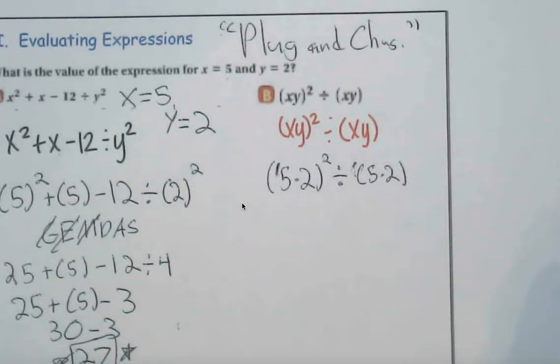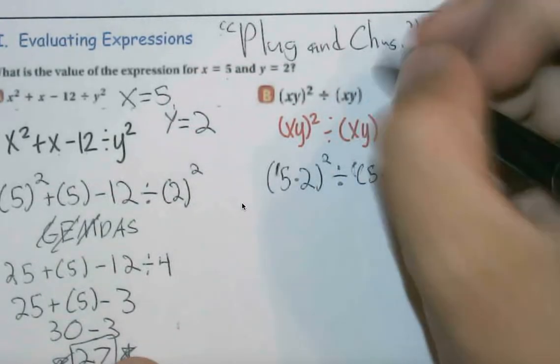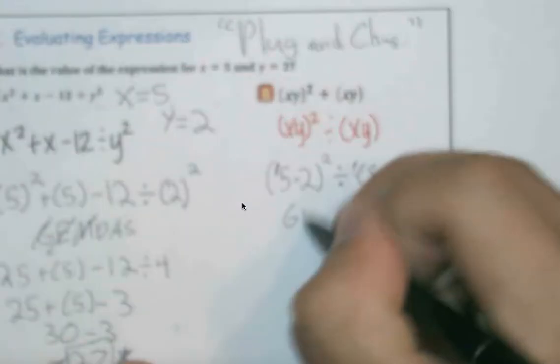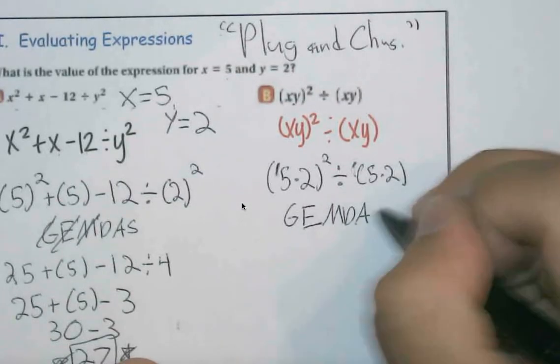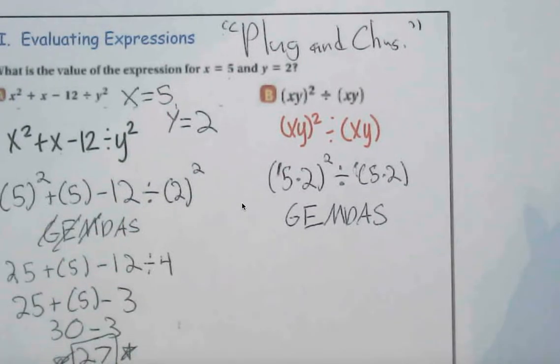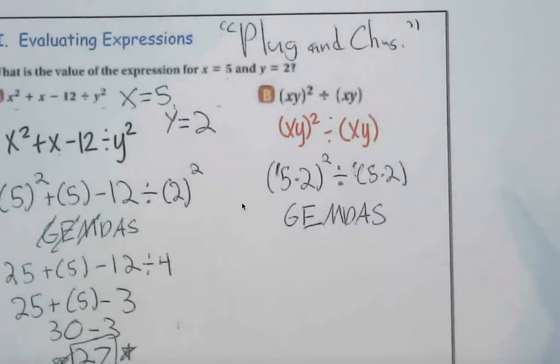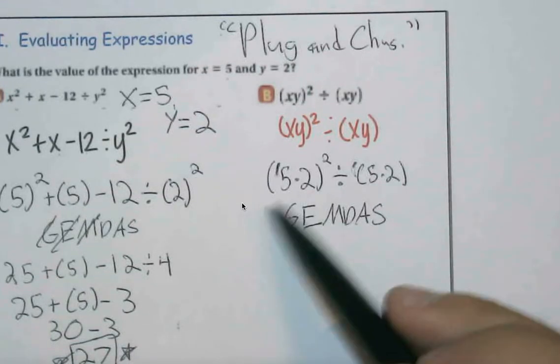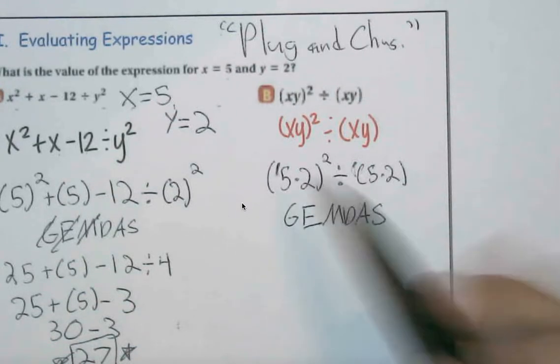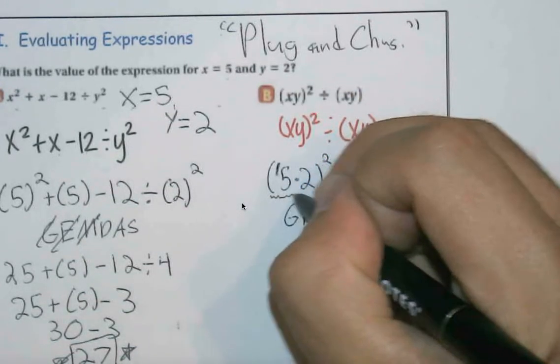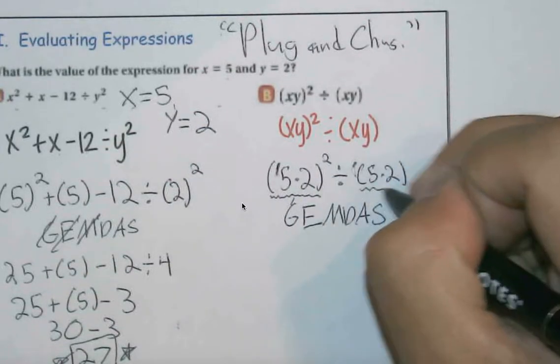So we've grouped, or no, we haven't even grouped. So we now have plugged in, but what should we be doing first? Can we group anything first? Hopefully you're thinking of grouping inside parentheses here. We have the product of 5 and 2. So this is considered grouping because there are parentheses. We want to get rid of those.